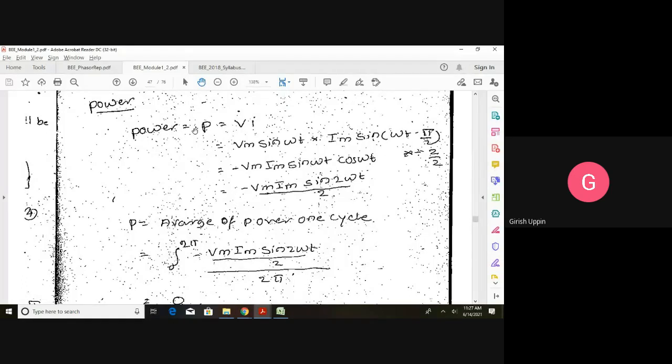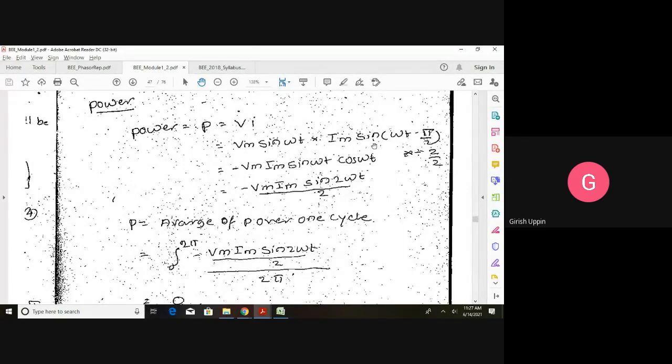So for power, we know the instantaneous value, lowercase p is equal to V into I. The instantaneous value of voltage is V is Vm sin omega t, and the instantaneous value of current is I is Im sin (omega t minus pi by 2). We know that sin (omega t minus pi by 2) is represented as minus cos omega t.